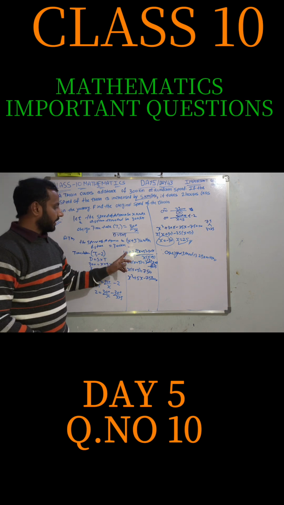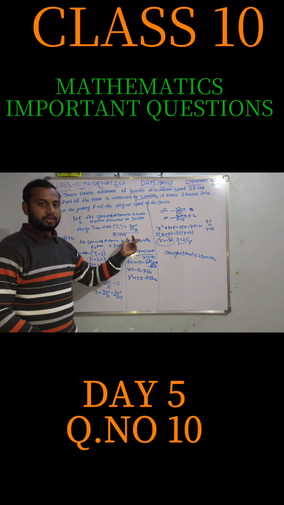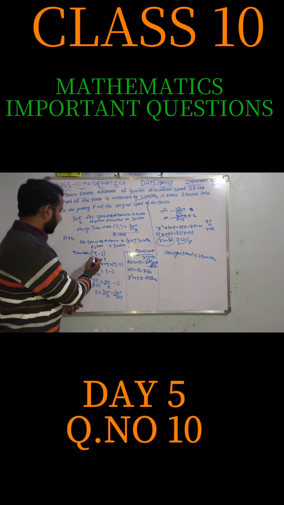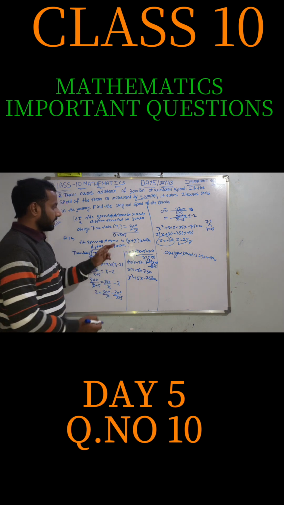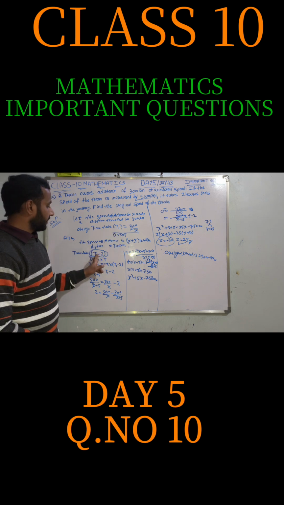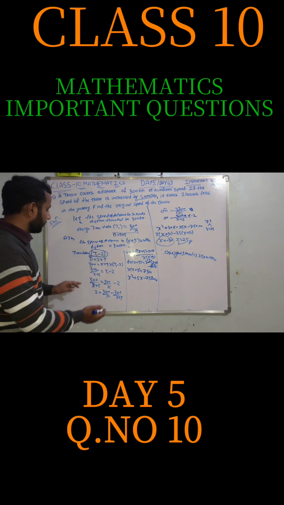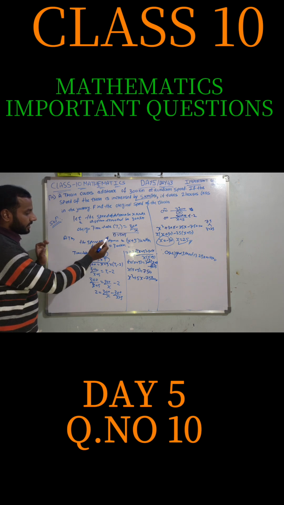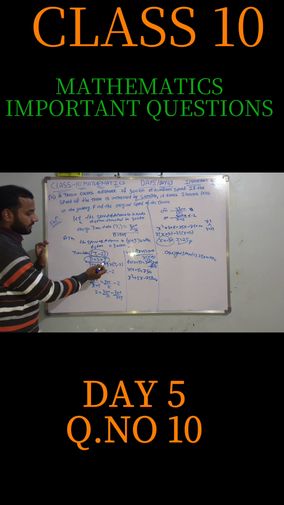But the distance is the same and the time taken will be reduced. Why? Because the speed is increased, so the time will reduce. Then I am taking t1 minus 2. If the traveling time in the first case is 5 hours, now it will be 5 minus 2, which is 3. So again we are using distance equal to speed into time. Distance I know is 300, speed is x plus 5, time is t1 minus 2.